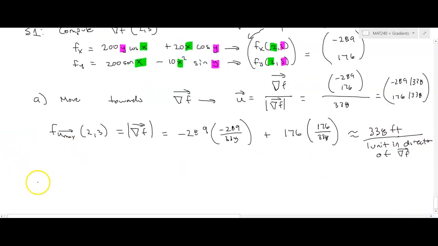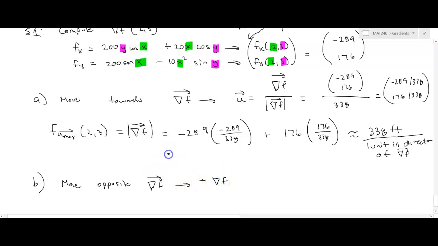To answer question B, in the direction of minimal change, we want to move opposite the gradient of f. How do you find that vector? The opposite of the gradient of f is simply the negative of the gradient of f.